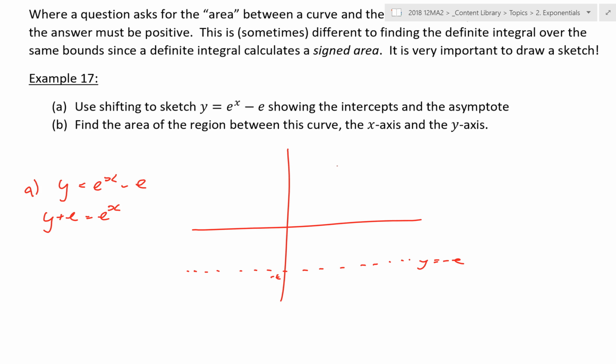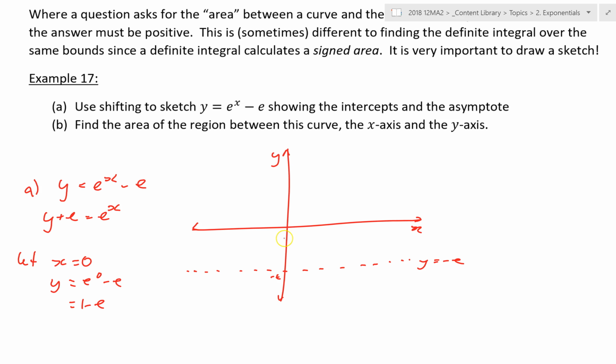Now we should do a couple of things. Let's find some intercepts. Let x equal 0. That's always a good one. Where does it cross the y-axis? If x equals 0, y equals e to the 0 minus e, which is 1 minus e.